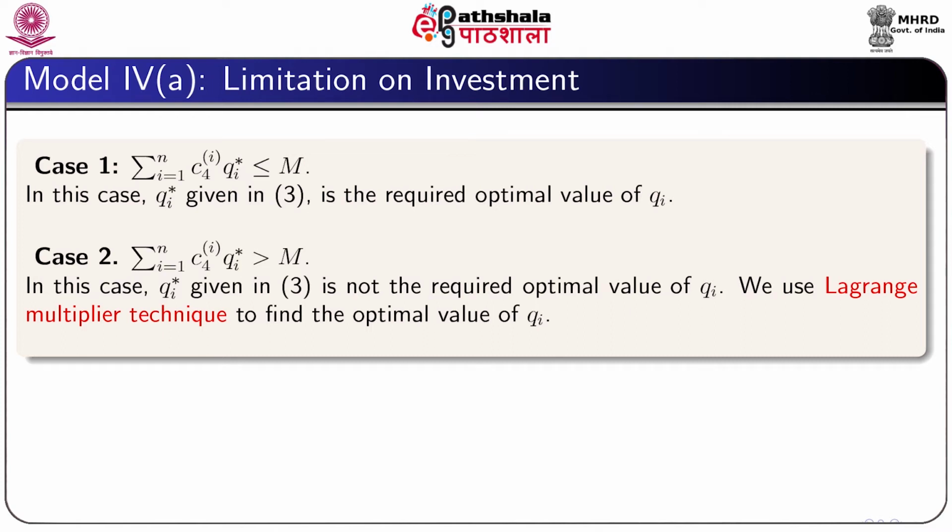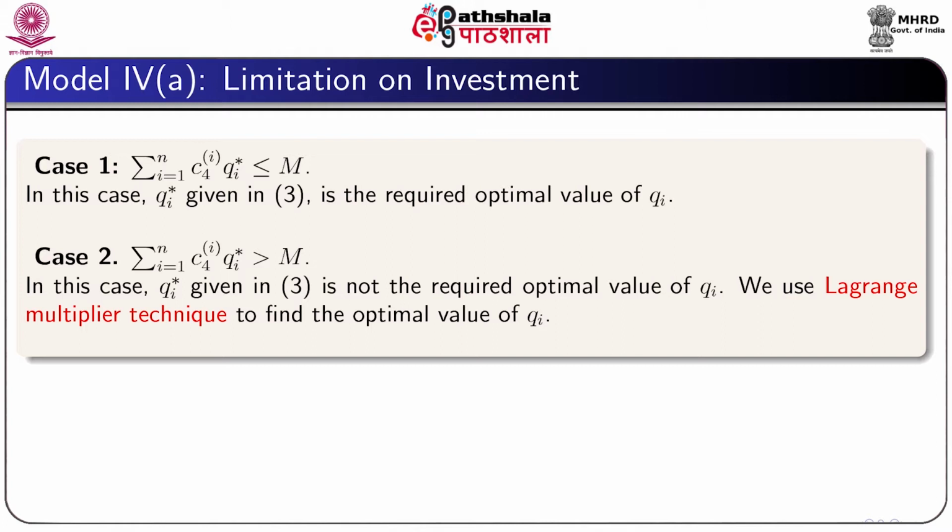Now, two cases arise. In case 1, if summation over i equal to 1 up to n of C4i Qi star, where Qi star is the optimal values of the order quantity, is less than or equal to M, then Qi star given in equation 3 can be regarded as the optimal values of Qi.